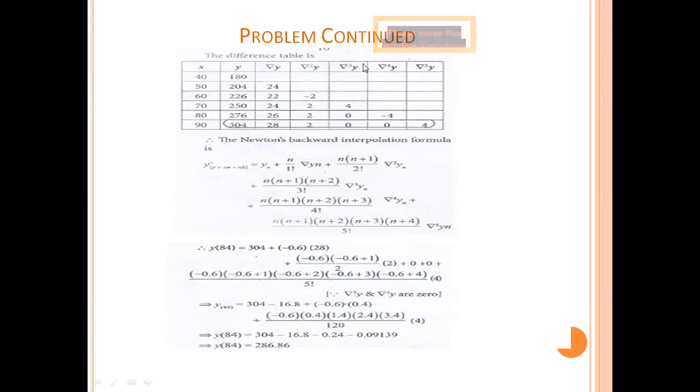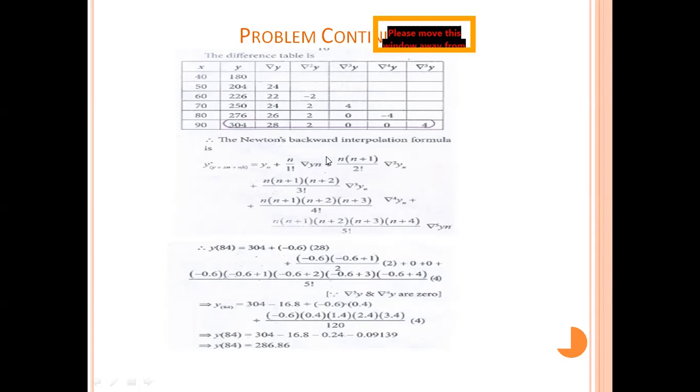And the del cube y: 2 minus of minus 2 is 4, 2 minus 2 is 0, and 2 minus 2 is 0. The next values: 0 minus 4 is -4, 0 minus 0 is 0, and the last column 0 minus of minus 4 is equal to 4.